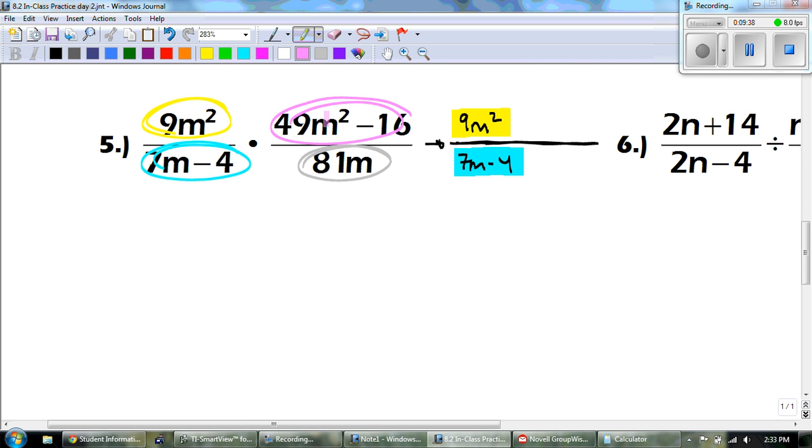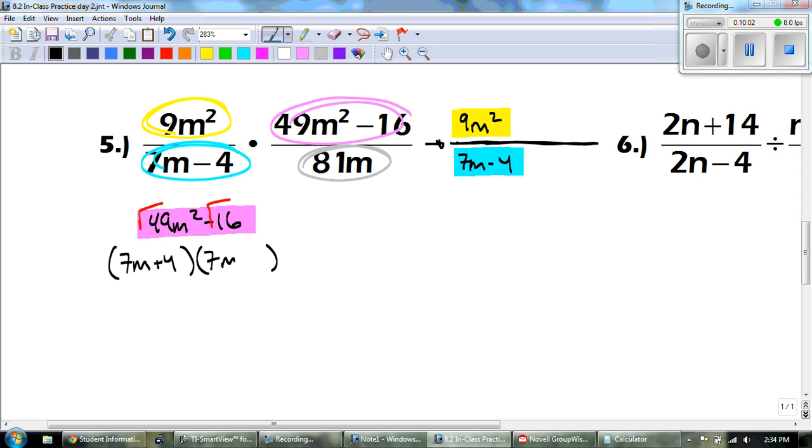Now, the 49m squared minus 16, yeah, I can factor that, okay? So I have 49m squared minus 16. Is there a GCF? Nope, no GCF, but it's a quadratic binomial with subtraction. So that breaks down to 7m plus 4 and 7m minus 4.